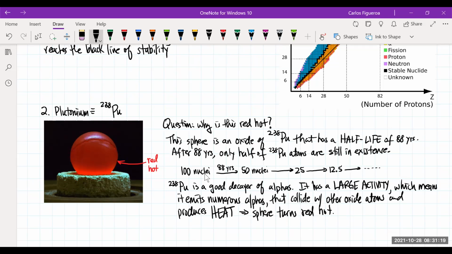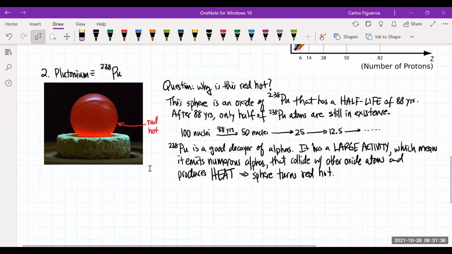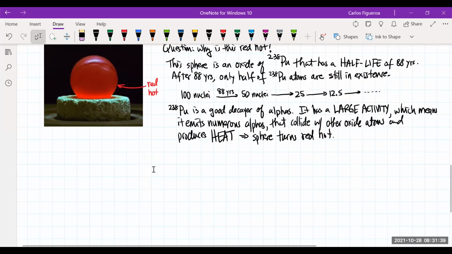So you might say, okay, so this thing is emitting so many alphas that collisions with the other oxide atoms generate so much heat. So what's useful to this? Well, what's useful is that I think about two applications. So here's two useful applications.